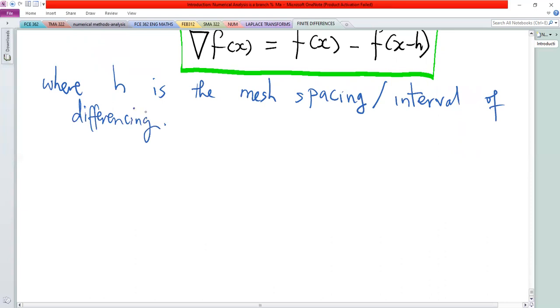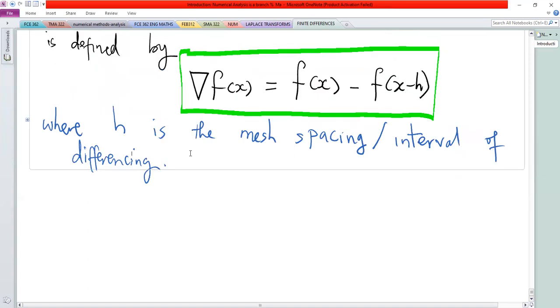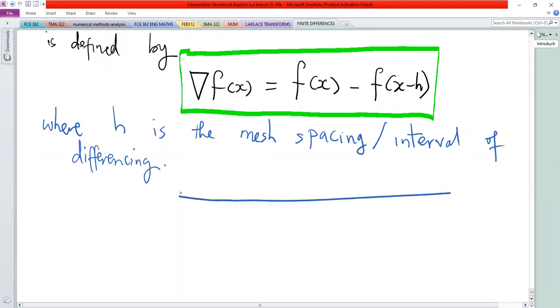Now remember, when we say the mesh points x0 up to xn are equally spaced, we mean that if we draw x0, next is x1, next is x2, x3, x4, the last one is xn, the previous one is xn minus 1, xn minus 2, and so on.